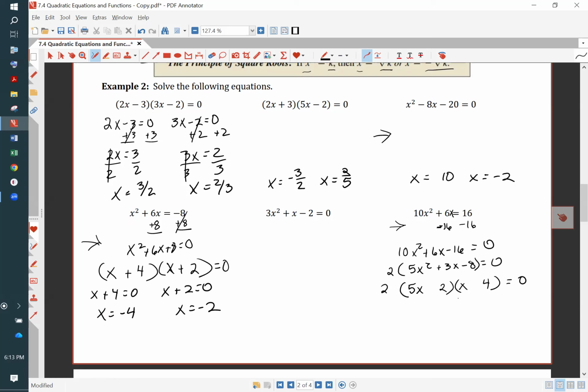I have 20x and 2x. No, that won't work. I have 10x and 4x. That won't give me a 3x. So it must be the factors 1 and 8. 8x and 5x.